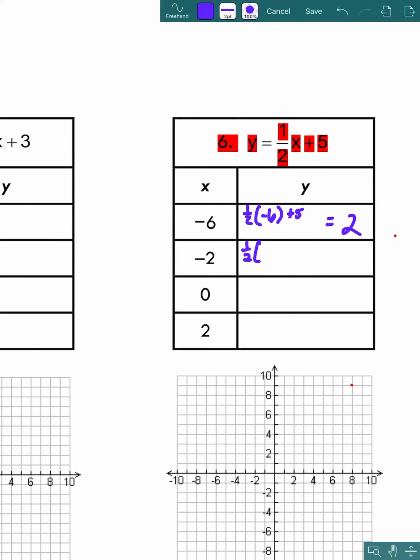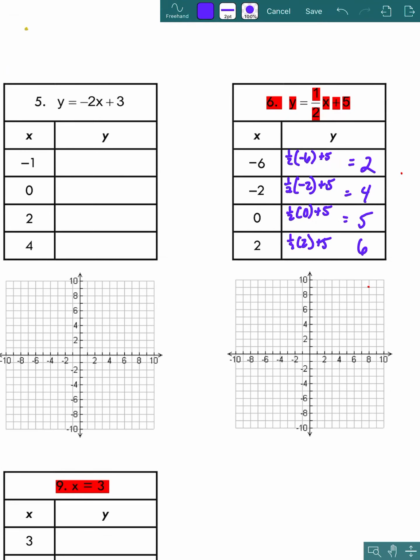Y equals half of x plus 5. So half of negative 2 is negative 1 plus 5 is going to give us 4. Then we've got y equals half of 0 plus 5. So half of 0 is 0 plus 5 is 5. Then we've got half of 2 plus 5. Half of 2 is 1 plus 5 is 6.